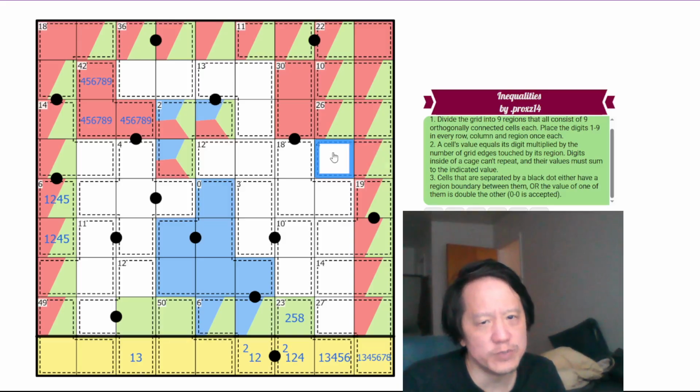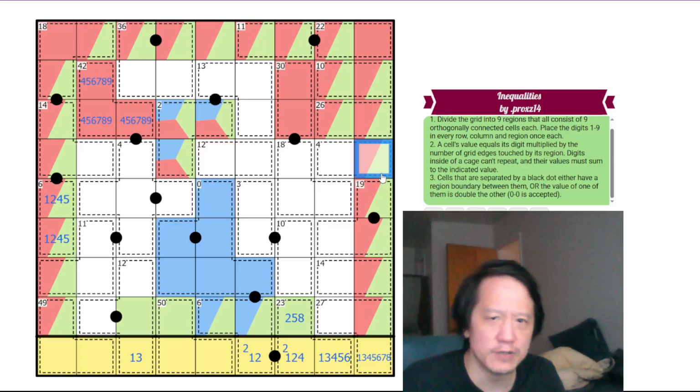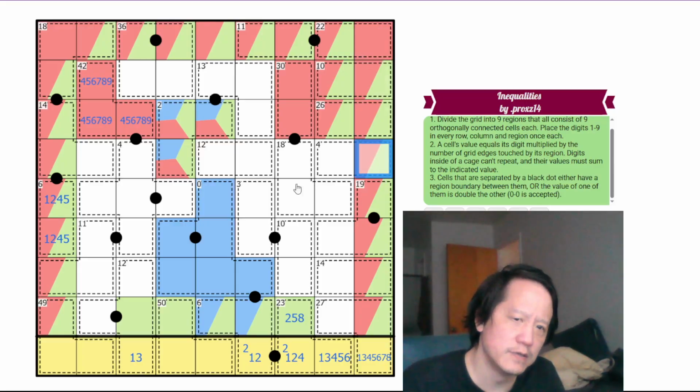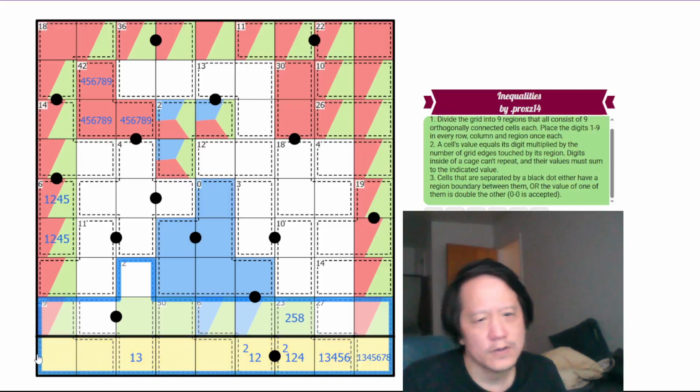Technically, this could still be blue, and this would be a singleton green. That is possible. Do we have anything from here? Probably not.